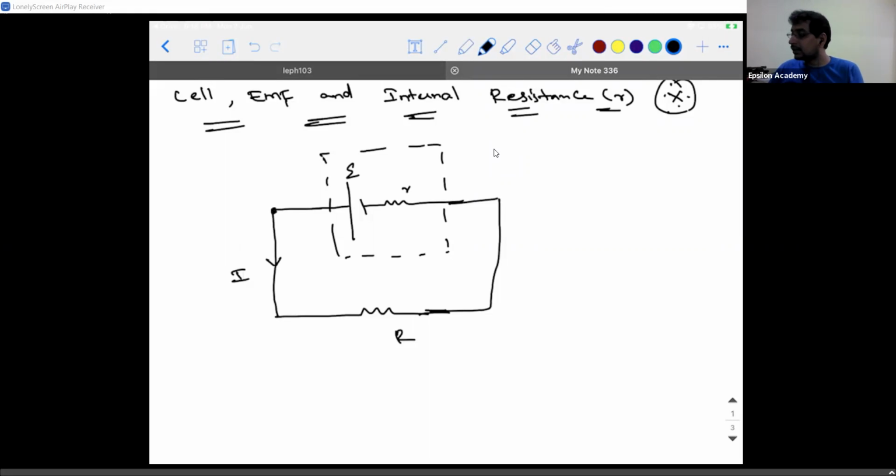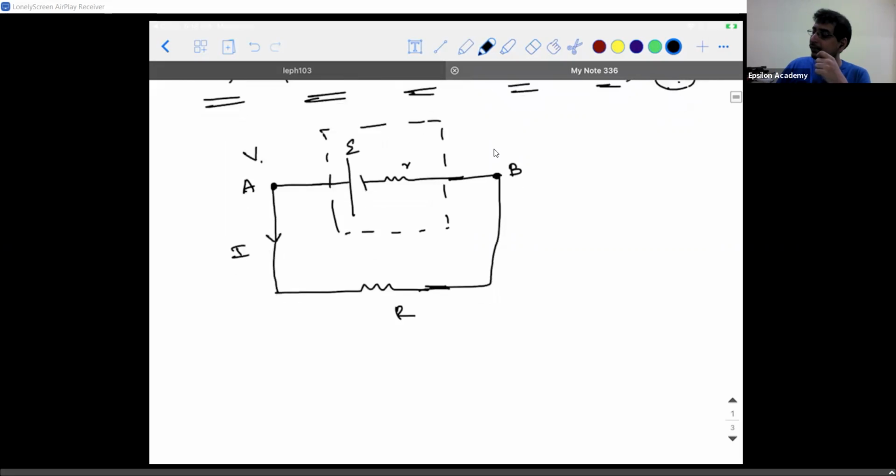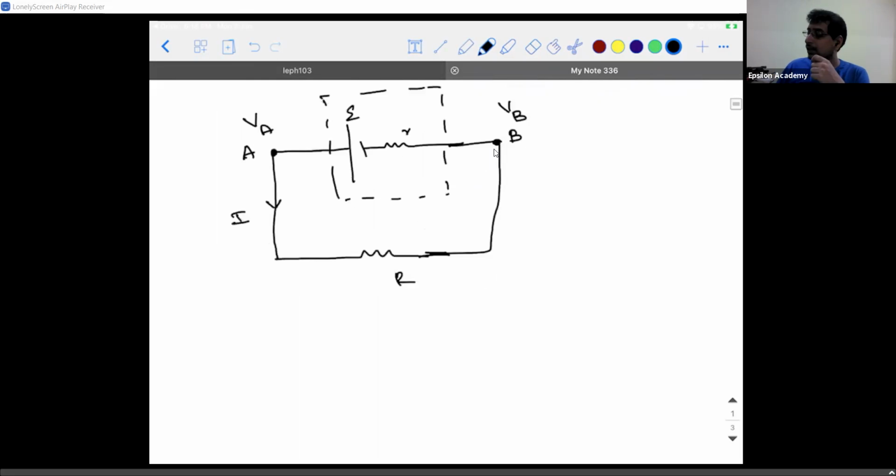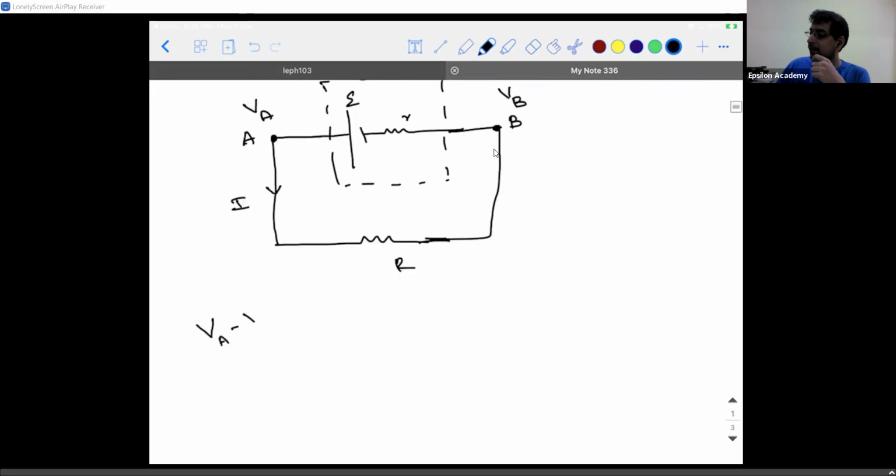Now, if I take this point as A and this point as B, and say point A has potential VA and point B has potential VB, then VA minus VB is called the terminal potential difference. The reason I am calling it terminal potential difference is because it is the potential difference existing across the terminals of a cell.